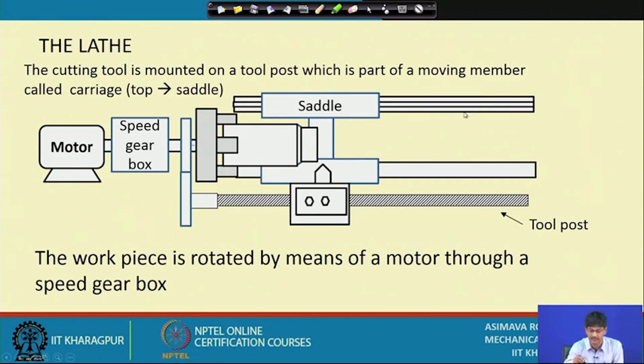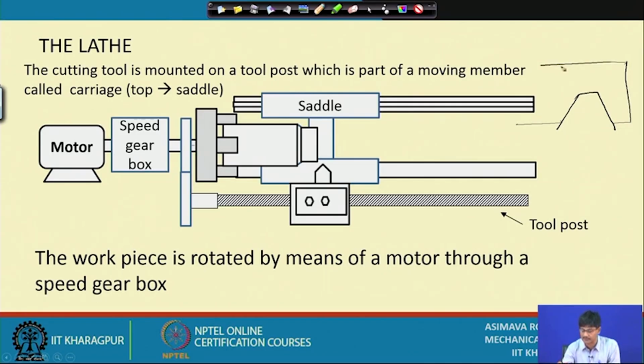Let's quickly have a look at that. In actual side view, it will look like this, a V-shaped guide. On top, this carriage can rest. Actually, the carriage might have some encompassing slide and guide connection in order that it does not topple.